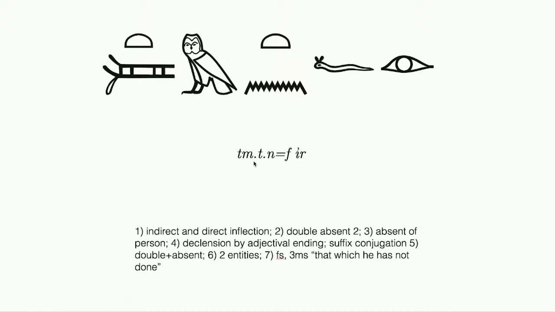How we pronounce it today should not be taken as how the ancient Egyptians pronounced it. We pronounce it conventionally as Tempt-nf-ear or Temet-nf-ear, etc. You may hear people say it a little differently, but this is a word. So you see the glyphs.